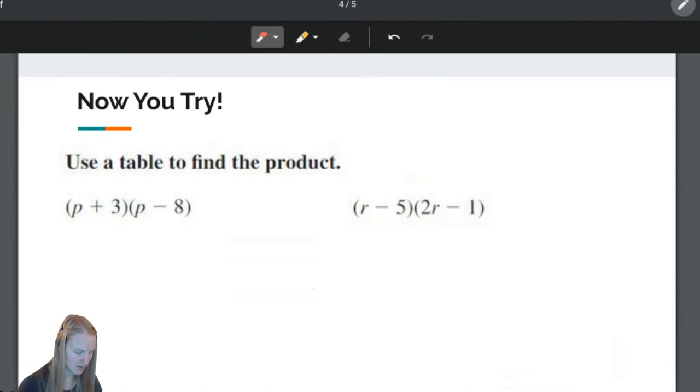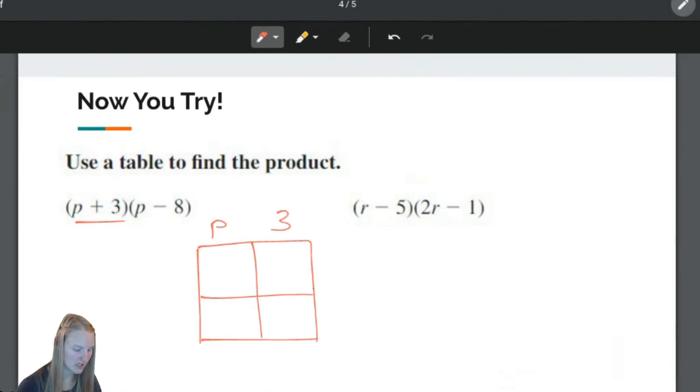So again, I'm going to make my 4x4 box. On the top here, I'm going to put p and +3. I don't need to put the plus because if there's no negative sign, it's positive. So p +3 is just positive p, +3. And then on this side, I am going to have p -8.